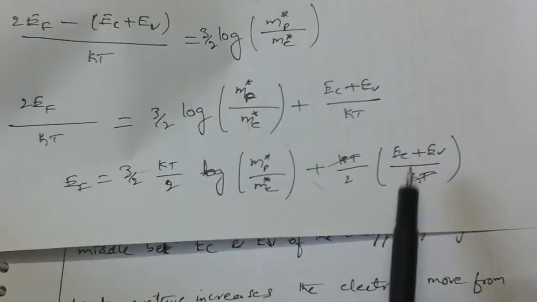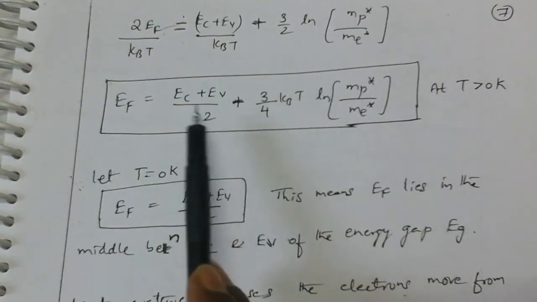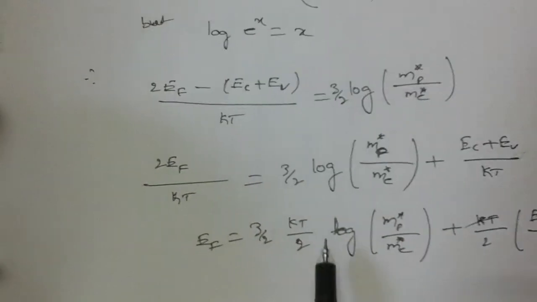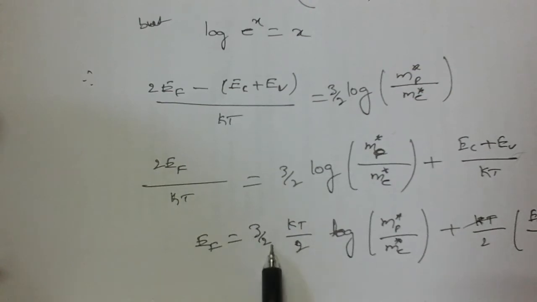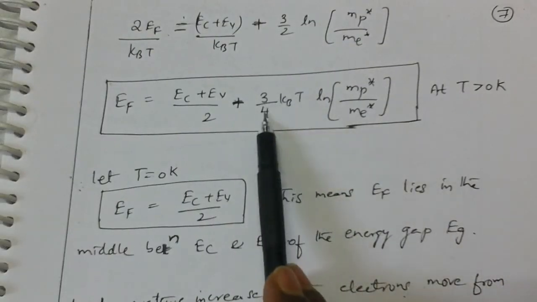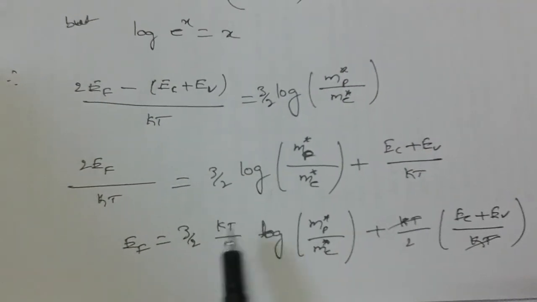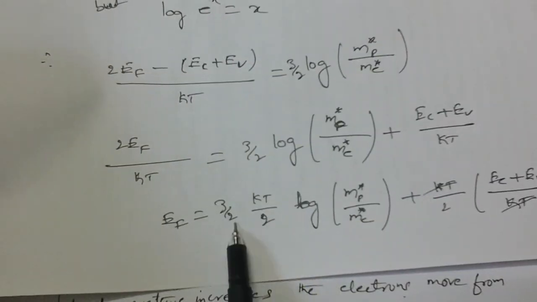Here (EC plus EV) by 2 remains, that I am writing here: (EC plus EV) by 2 plus 3 by 2 into 2, that is 3 by 4. Here KT, 3 by 2 into 2, 3 by 4.